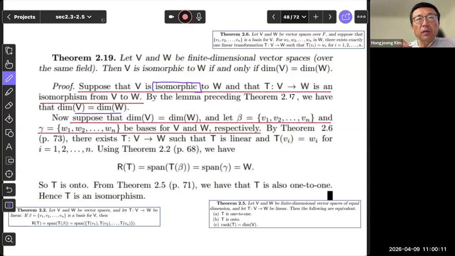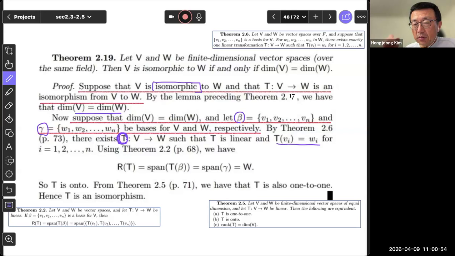And if the dimensions of V and W are the same, and we consider two bases, beta and gamma, for the domain and codomain, then we can always find a linear mapping T which maps Vi to Wi, right? And this mapping must be unique. Please remember that we have a unique mapping T such that T is linear and T maps each Vi to Wi.